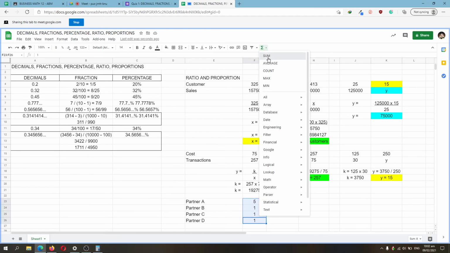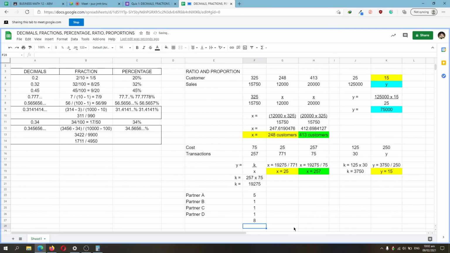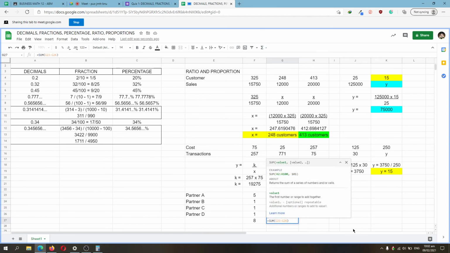So, summation. So, that is 8. So, kung kukunin natin yung kanilang proportion, apply natin yung fraction. So, that is 5/8. So, meron din tayo dito na 1/8. So, dapat pag in-add natin ito, equivalent to 1. Okay.